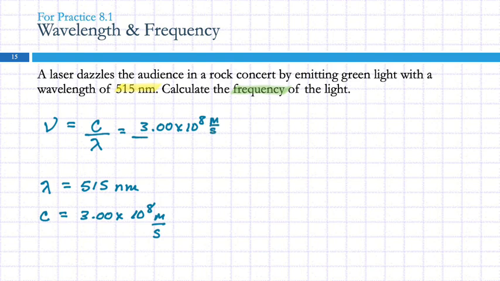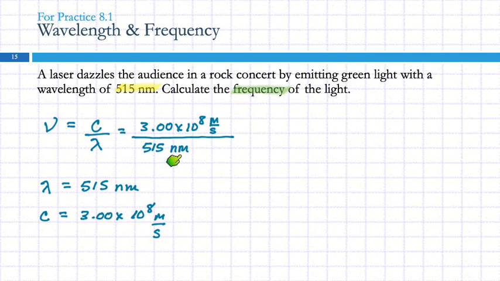We should always, always, always write our units. And before we bother calculating, let's look at the units and see what's going to happen. Is meter going to cancel nanometers? No. So we need to get them to be the same units so they cancel out.